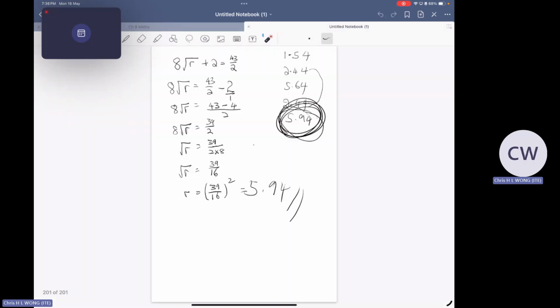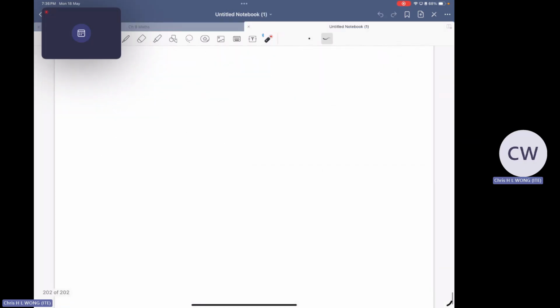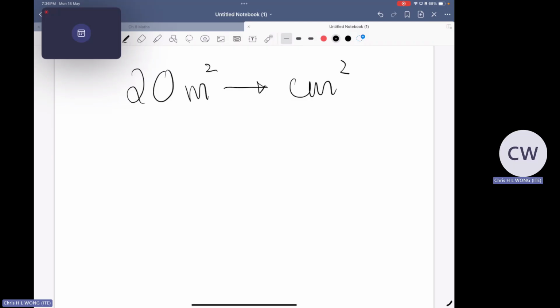20 meter square to centimeter square. So I put here 20 meter square.